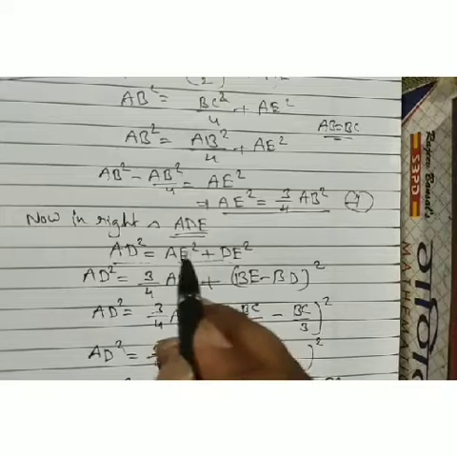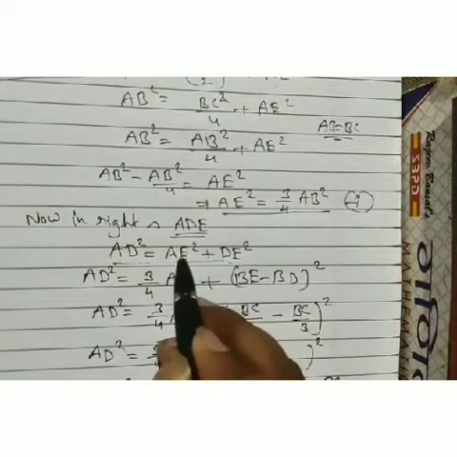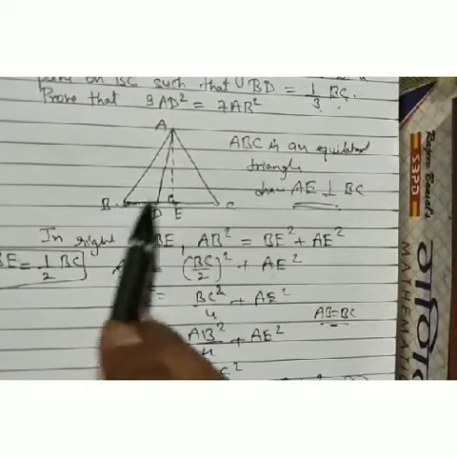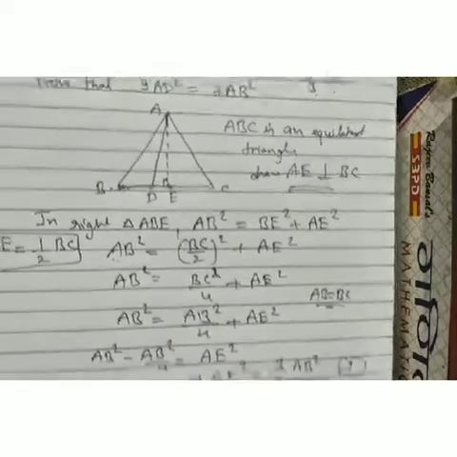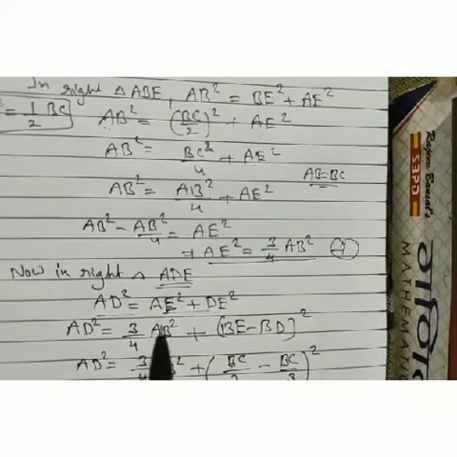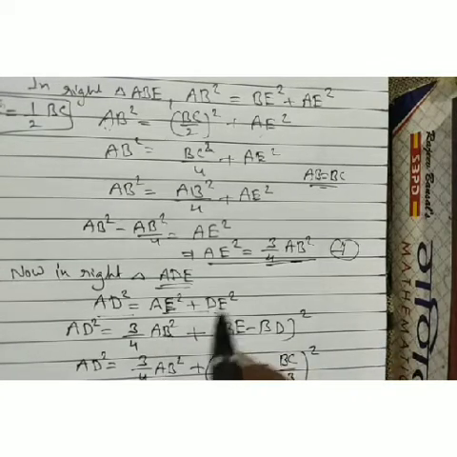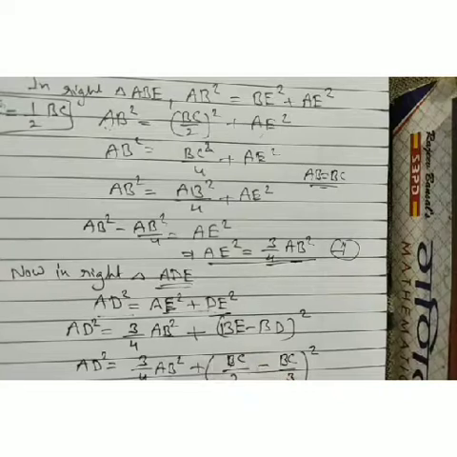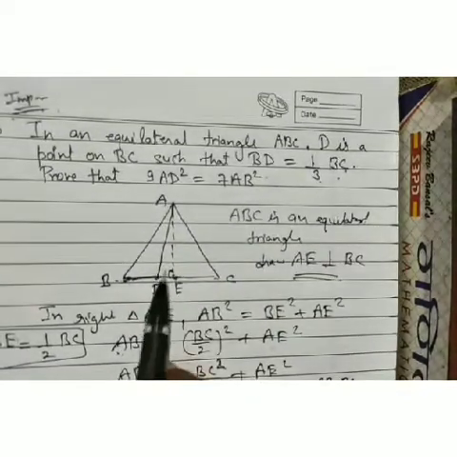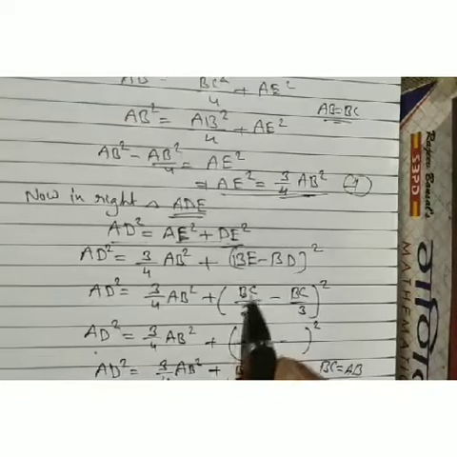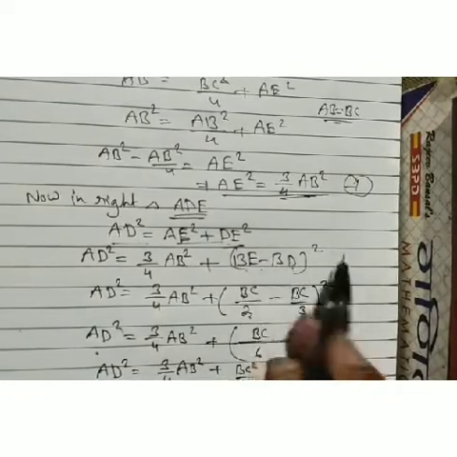We change AE square by the given condition, 3 by 4 times AB square, and then we change DE by, using the figure, DE equal to BE minus BD.